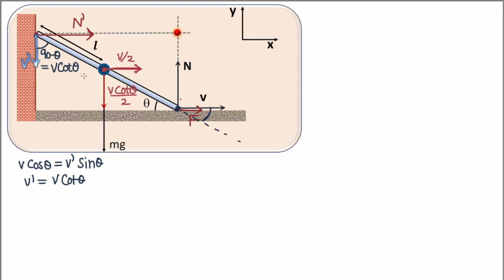And the whole system is at this point and it is moving with constant velocity in the x direction. So since v is constant, v by 2 is also constant. So we can say that acceleration along the x direction is going to be 0, and that means the net force along the x direction is also going to be 0, right?